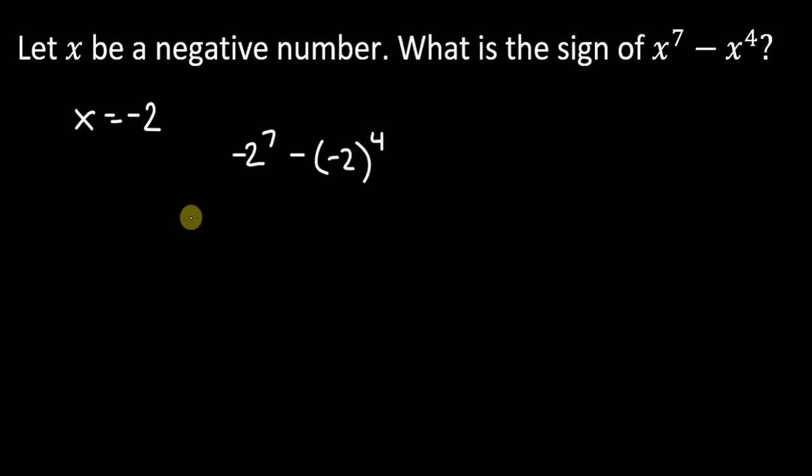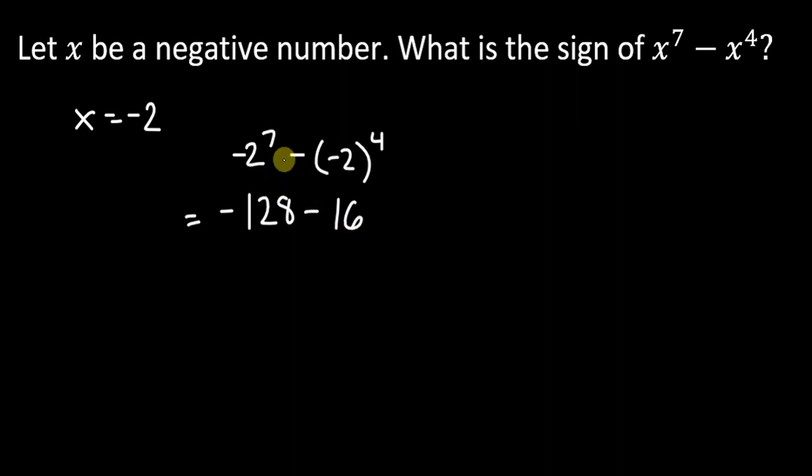So substitute lang natin. So what is negative 2 raised to 7? So i-multiply lang natin yung negative 2 sa negative 2 ng 7 beses. At ang makukuha nating sagot is negative 128. Minus negative 2 raised to 4, that is 16, positive 16.